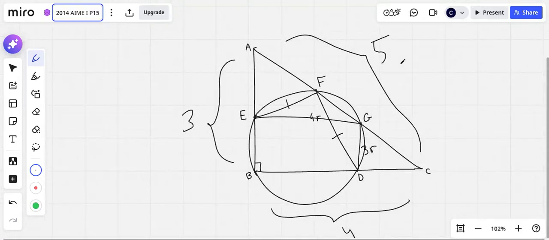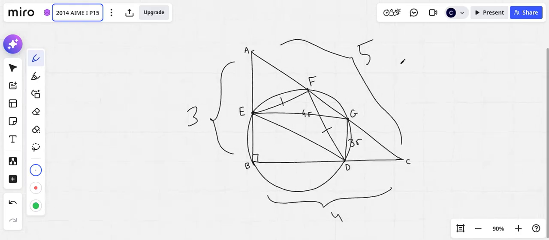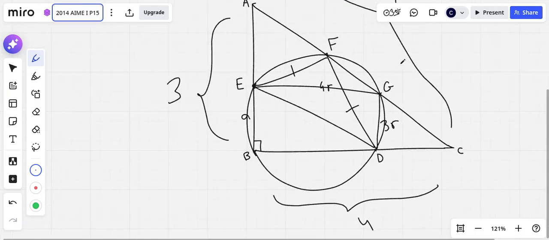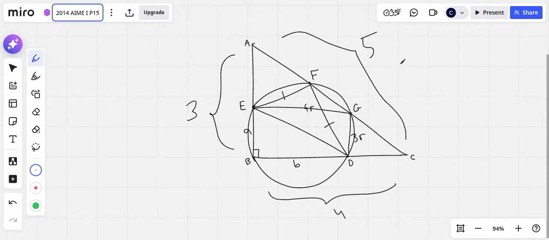And we're asked to find the length of DE. First, I see that DE is the hypotenuse of triangle EBD. So I'm going to define EB as a, the length, and then BD of length b, and then we can do the Pythagorean theorem on that to solve for DE.